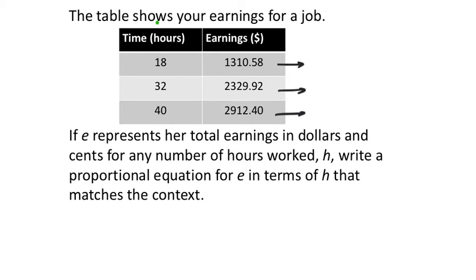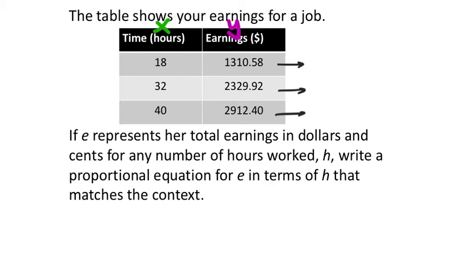Remember that x's are the left column, and y's are the right column right here, okay? So that tells me that y, which is dependent, is the earnings, and x, our independent variable, is the time in hours. In other words, the amount of money that you'll earn from whatever job this is will depend on how many hours you work.